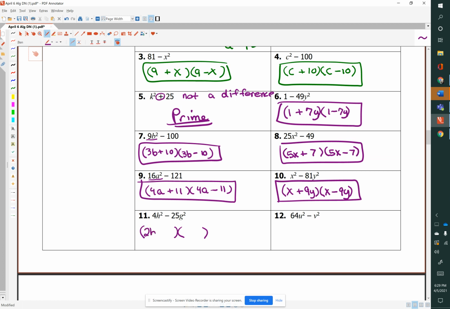So 2h plus 2h minus 5g, 5g. And number 12, 64u squared is 8u times 8u. So we'll have 8u plus, and we have v squared, so v, 8u minus v.